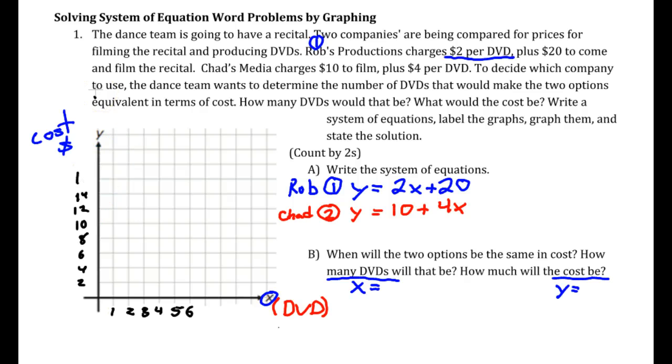Let's take all that off. Let's instead count by every other square here, 1, 2, 3, 4, 5. And then here we can count by 5s.